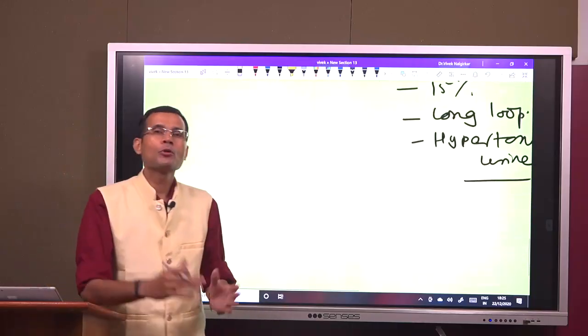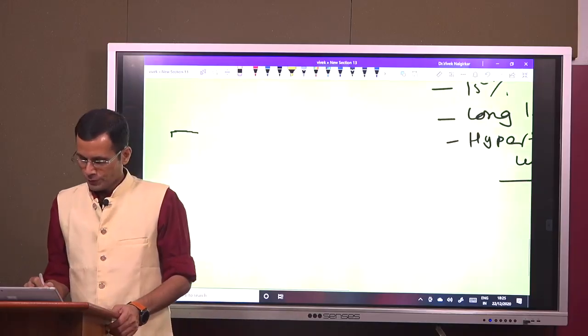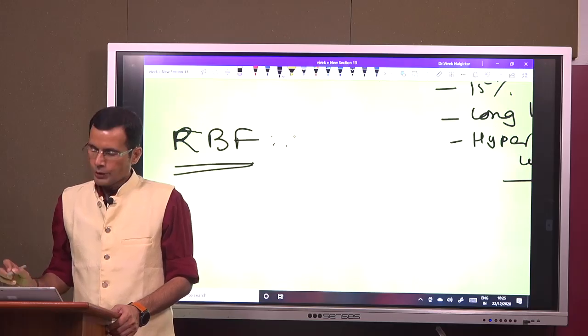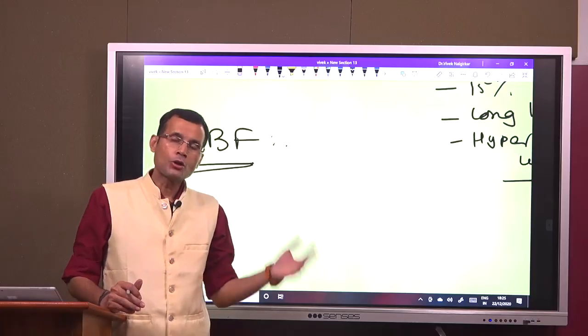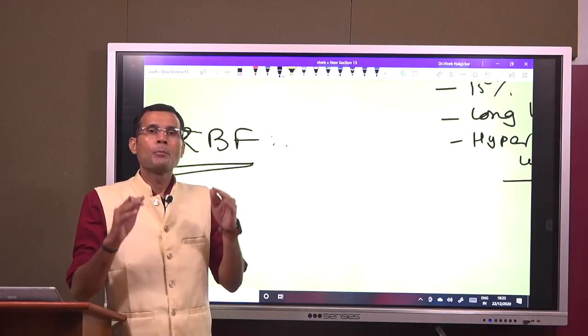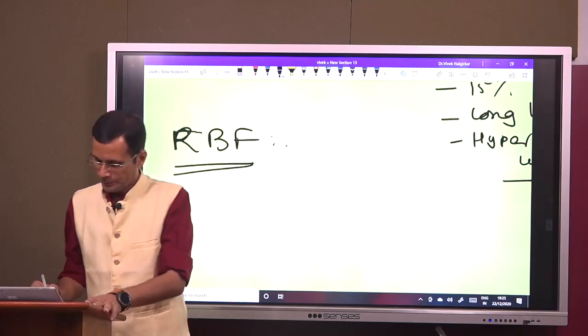Let's just add one more point about the renal blood flow. If you compare the renal cortex and renal medulla, most of the blood flow goes to the cortex.